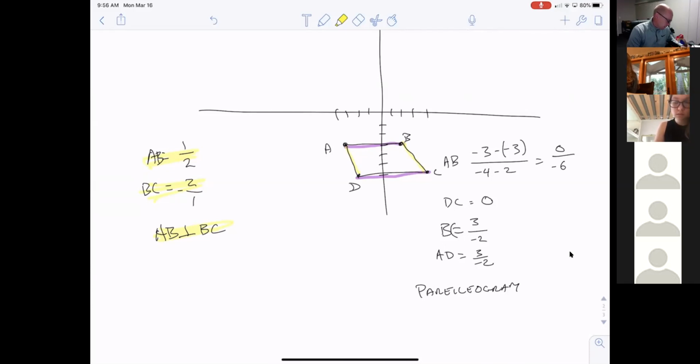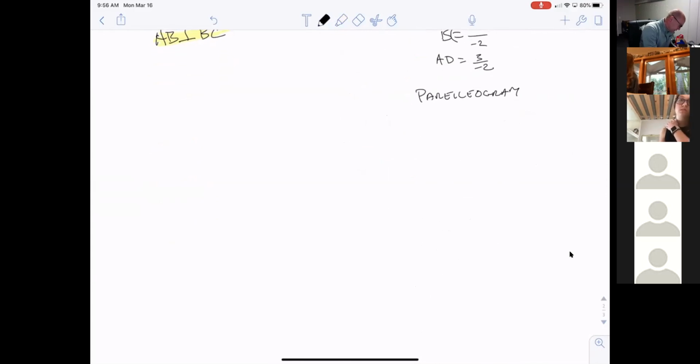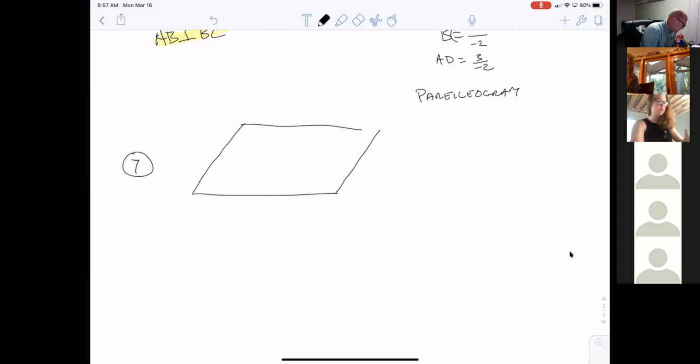Okay, so here's one problem that I'll just show you what we're doing. Number 7. I'm doing one for you. I think this is part of the homework today. Number 7 has a diagram that looks like this. Okay, so the base is 30 inches.